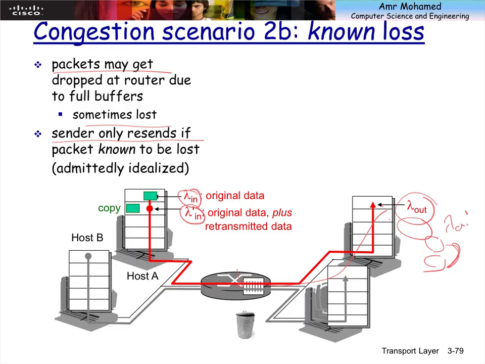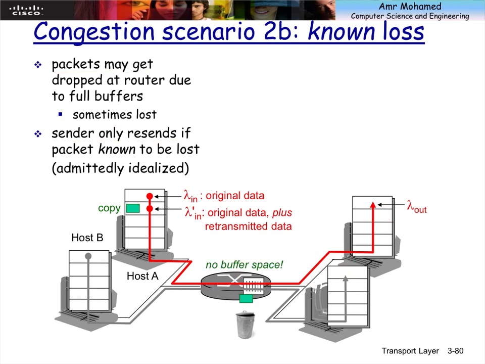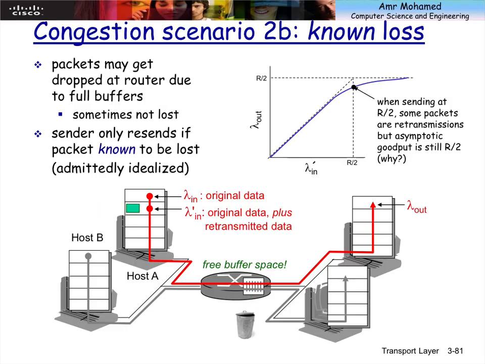So here lambda out cannot be R/2 unless I increase lambda in very, very large. So that's how it looks. There is no buffer, so I will drop. And here you see when the rate is R/2, or the router capacity over 2, lambda out is a little bit lower than R/2.